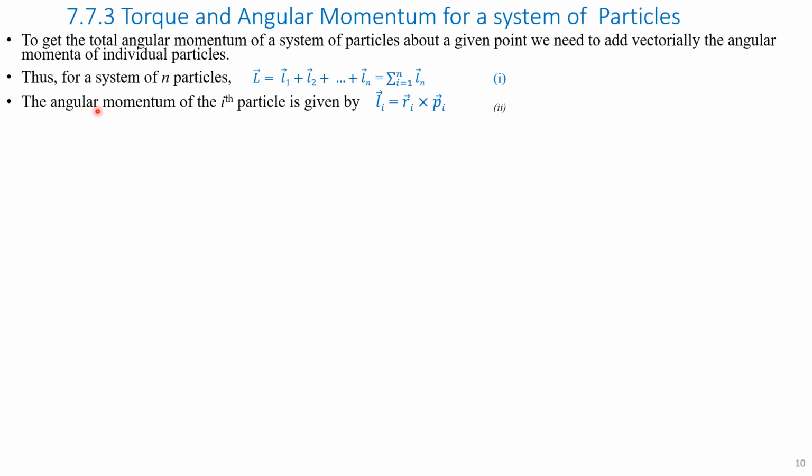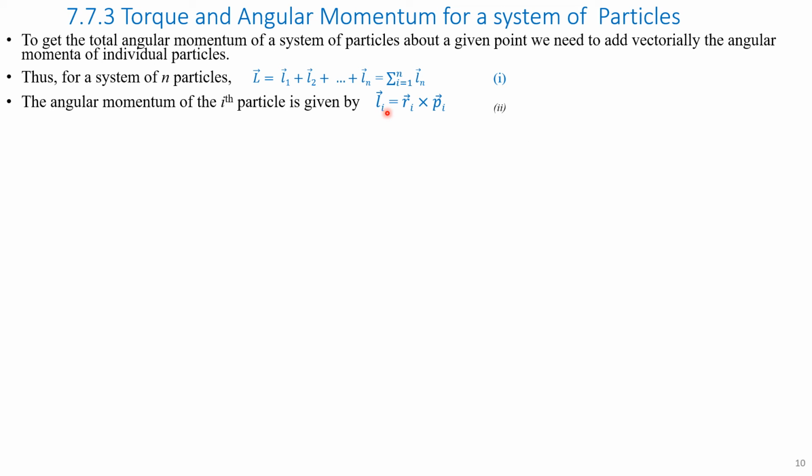The angular momentum of the ith particle is given by the relation Li is equal to Ri cross Pi. Let it be equation 2.